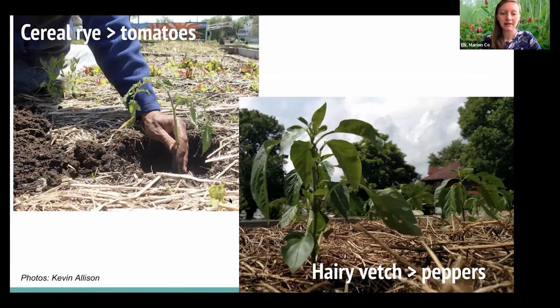You can see the abilities for transplanting into cover crop residue with either cereal rye going to tomatoes or hairy vetch going to peppers in this example.